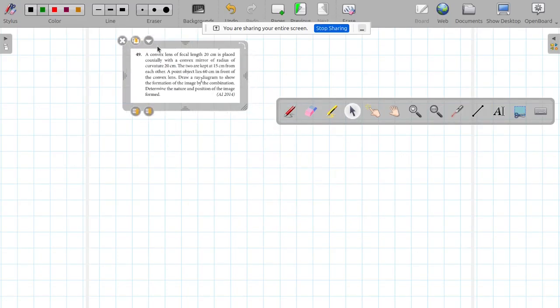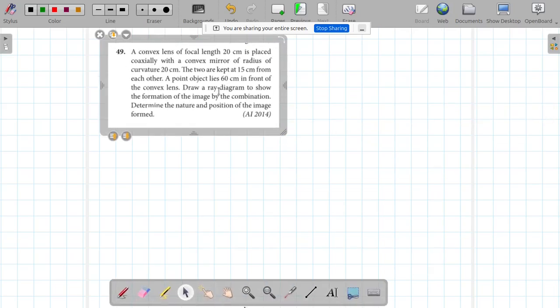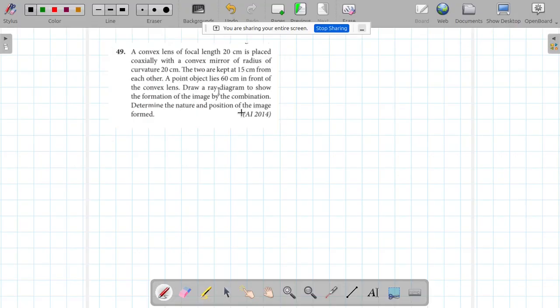A convex lens of focal length 20 centimeters is placed coaxially with a convex mirror of radius of curvature 20 centimeter. The two are kept 15 centimeter from each other. The point object lies 60 centimeter in front of the convex lens. Draw a ray diagram to show the formation of the image by the combination. Determine the nature and position of the image formed.